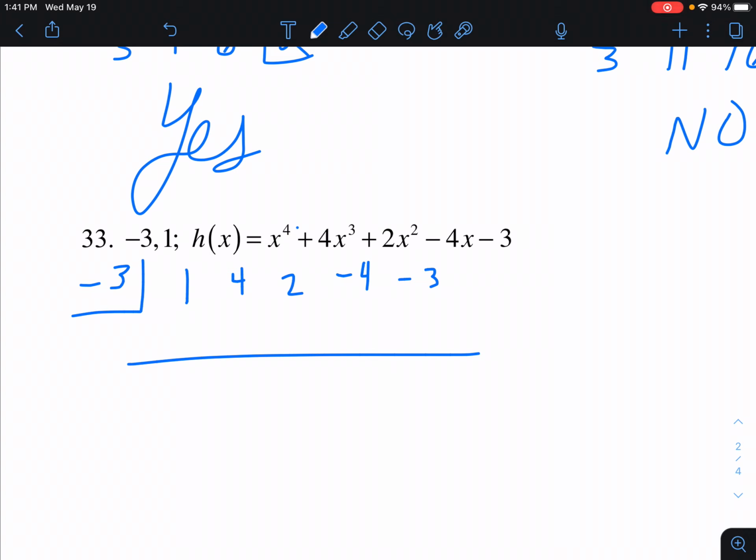Notice the x to the 4th gets a 1. So first number drops down. So multiply, add, multiply, add, multiply, add, multiply, add. So I get a 0 here, so I'm going to put yes. -3 is a 0.